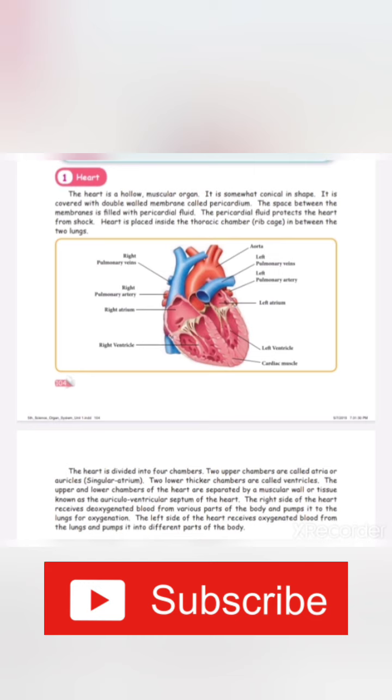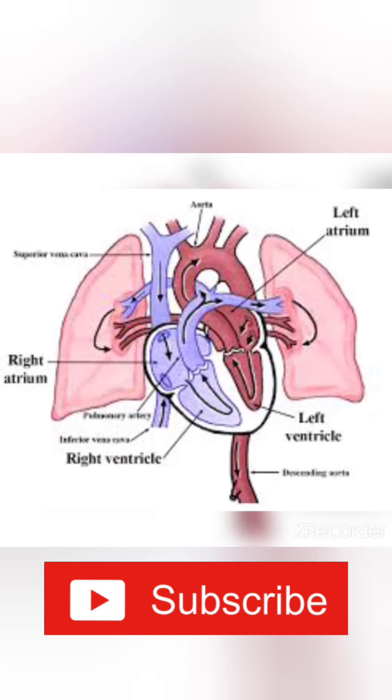The heart is placed inside the thoracic chamber, that means the rib cage, in between the two lungs. Our heart can be divided into 4 chambers: 2 upper chambers and 2 lower chambers. The 2 upper chambers are called atria or auricles.